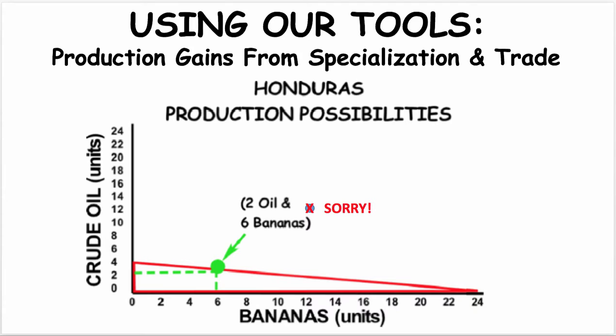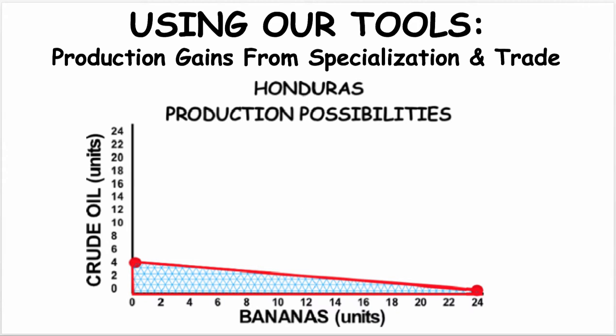It certainly is not even close to being possible that they could provide 12 units of oil and 12 units of bananas. In a sense, we can look at the size of this triangle and say that this is a measure of the possible wealth for Honduras given their current resources and technology in terms of crude oil and banana production.